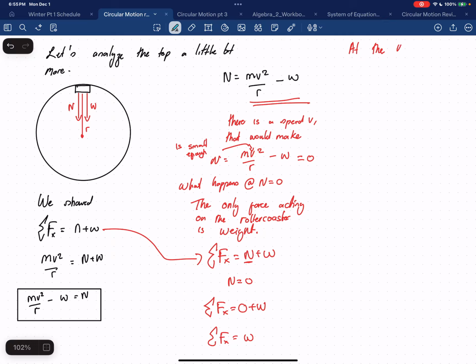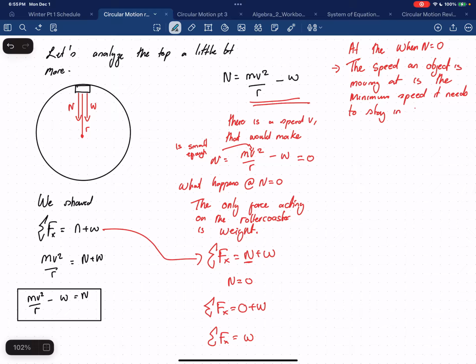At the top, when N is 0, the speed an object is moving at is the minimum speed it needs to stay in uniform circular motion. All right, that's the minimum speed it needs.